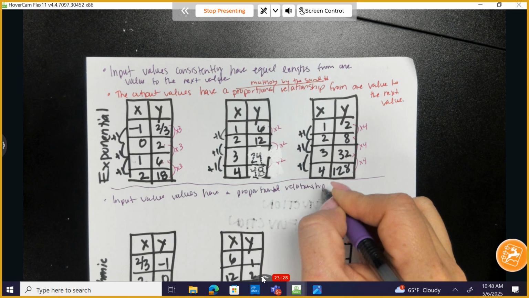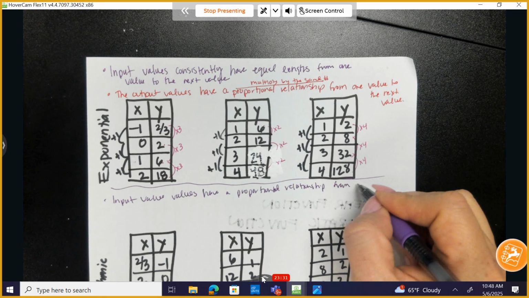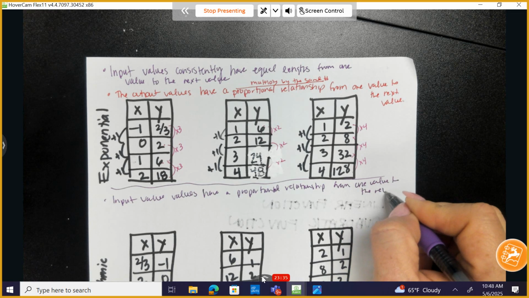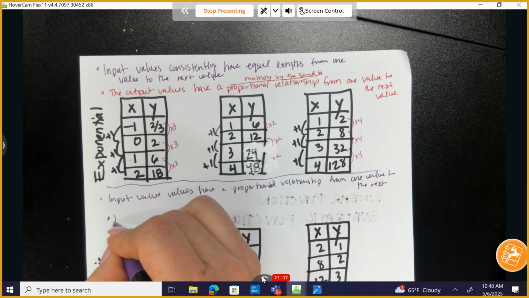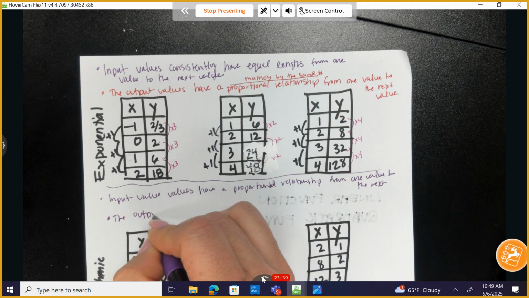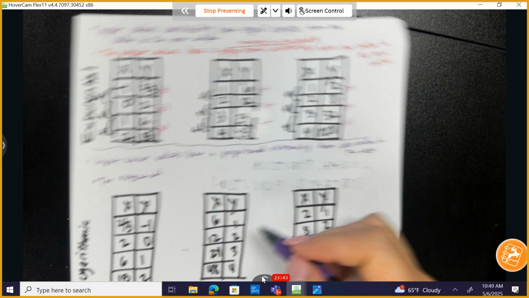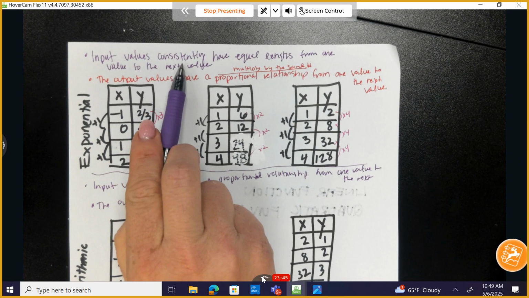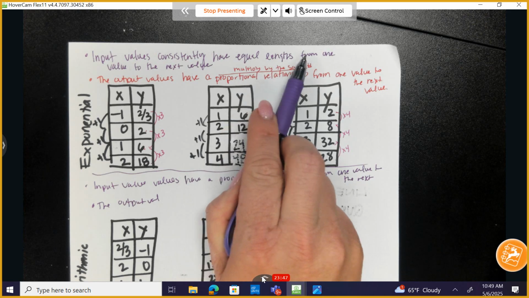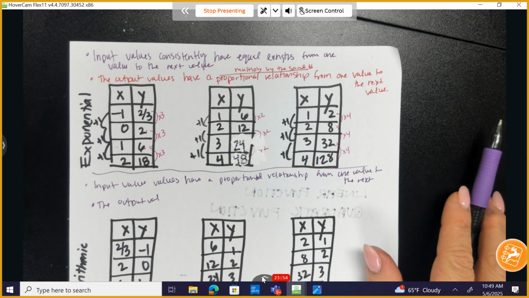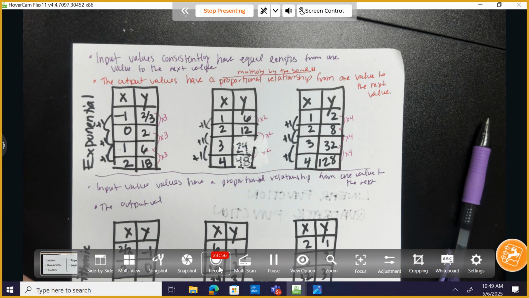That means we're multiplying by the same number from one value to the next. And then you're going to write down the output values. See how we're consistently going up by 1, going up by 1, going up by 1. The output values consistently have the same lengths from one value to the next.